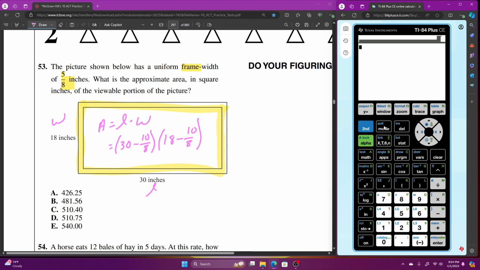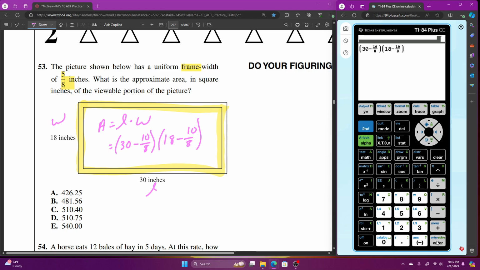And let me get out of the graph. We can just put that in just like that. 30 minus 10/8, 18 minus 10/8.